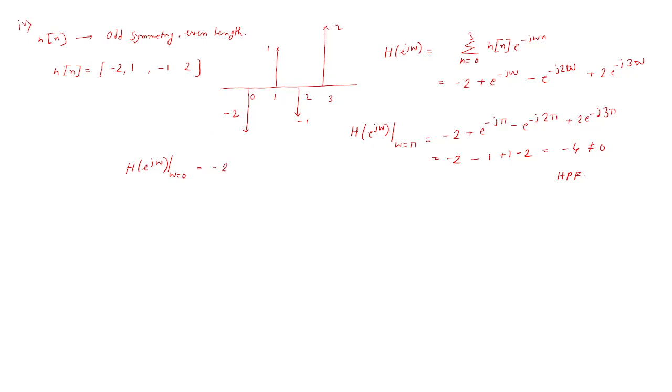It comes out to be minus 2 plus 1 minus 1 plus 2, which is 0. So although it's not a low pass filter, its response at omega equal to pi is non-zero, so it's a high pass filter. Therefore it also doesn't satisfy the criteria of being neither low pass nor high pass.